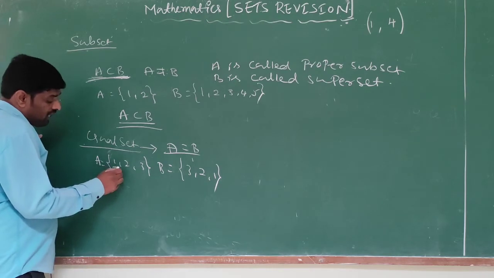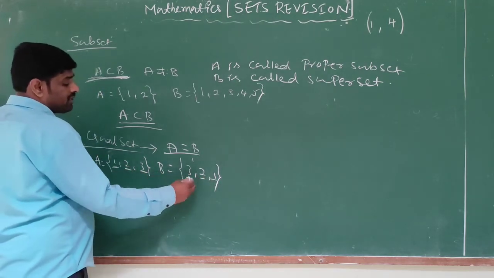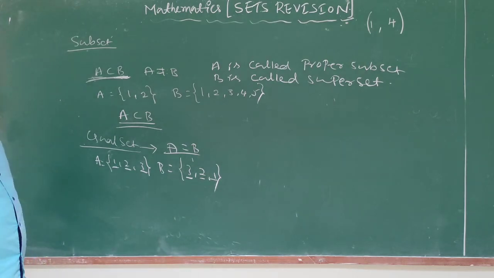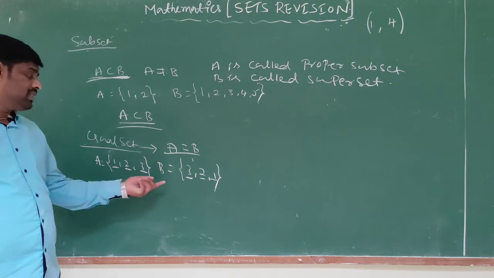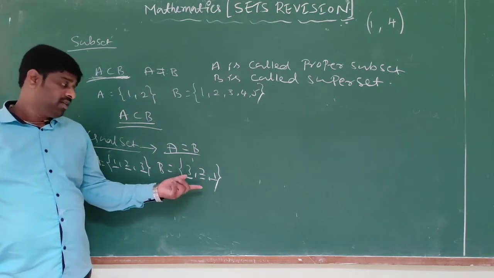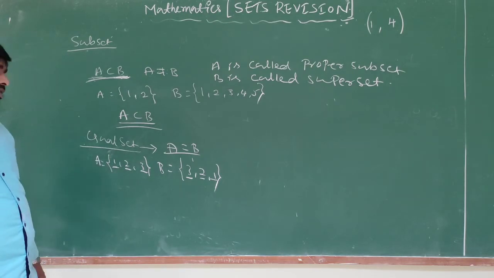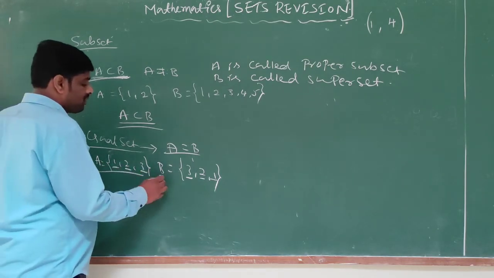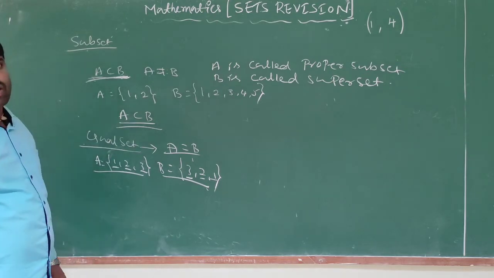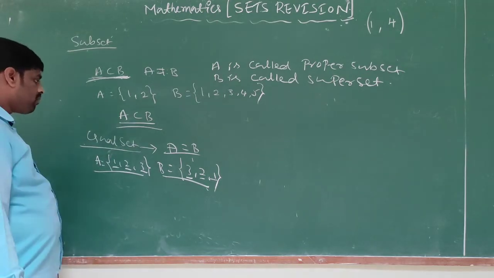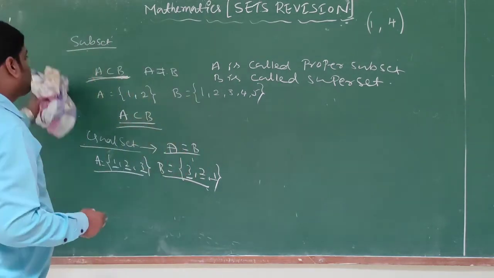Every element of A is an element of B, and every element of B is an element of A. Those two sets are called equal sets. Next, we'll move on to power set.